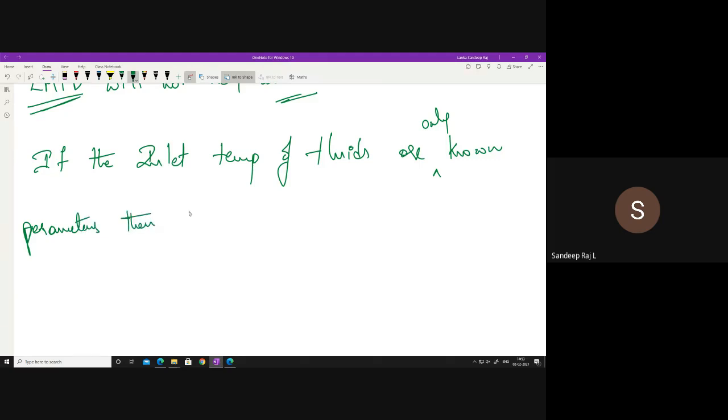Then the NTU method will solve the problem.